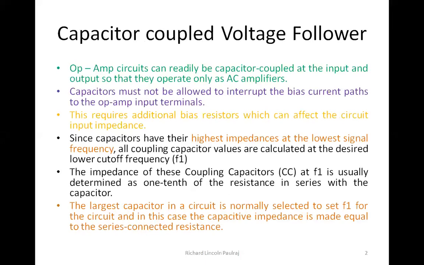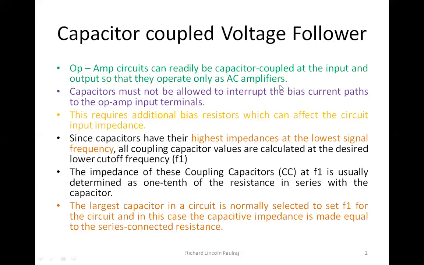Now we are going to talk about AC, which means we need something to block DC. So we are going to use capacitors for that work. Capacitors help us in blocking DC, and these are going to be called AC amplifiers. OPAMP circuits can readily be capacitor coupled.